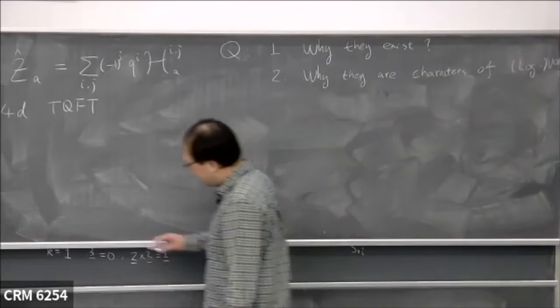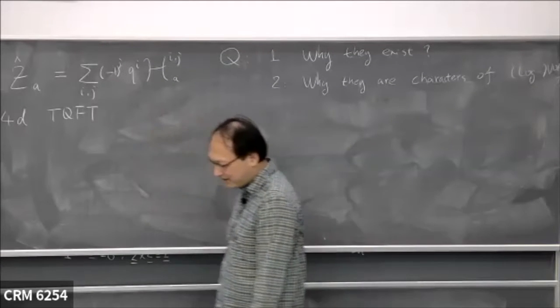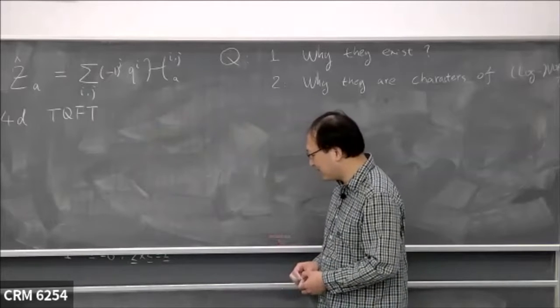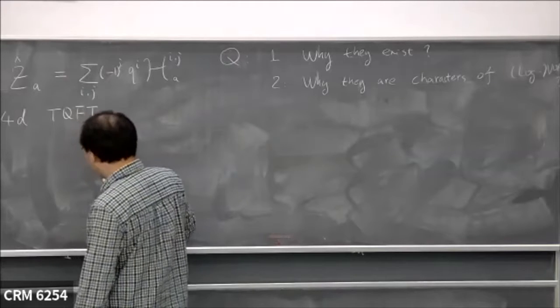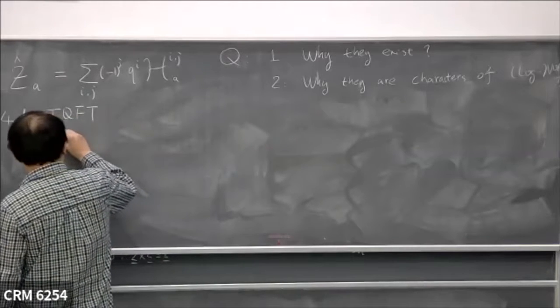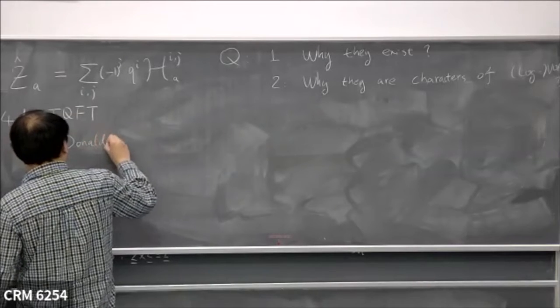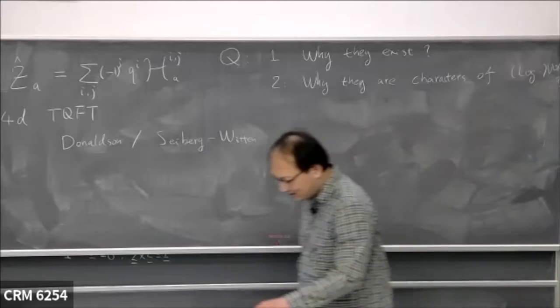So it seems that, from the point of view of 4D topology, the most useful invariants are obtained from quantum field theory. So these are invariants such as Donaldson invariants and Seiberg-Witten invariants. But in a sense, they are still not very strong.